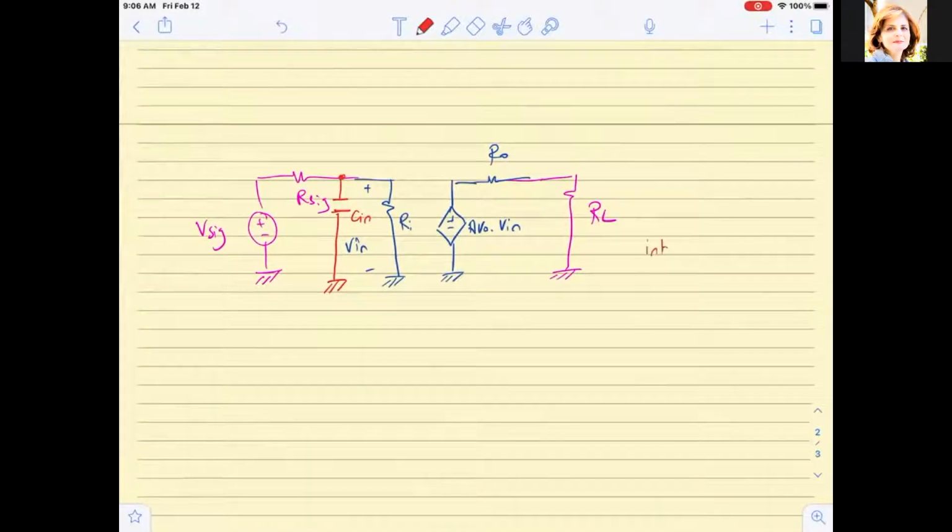So what happens if we introduce Cn due to the parasitics of the amplifier?